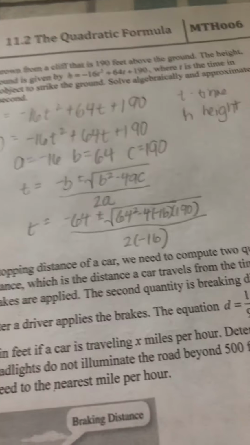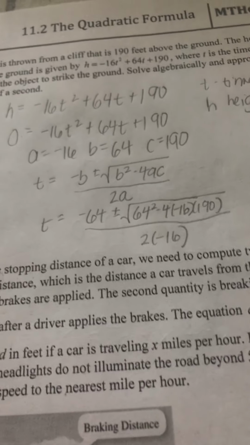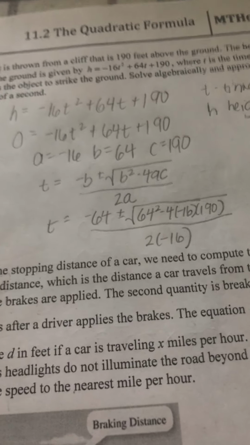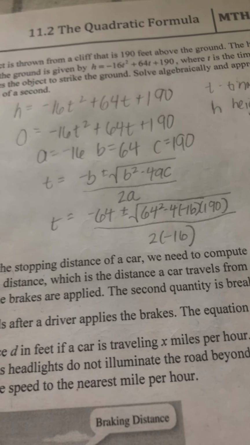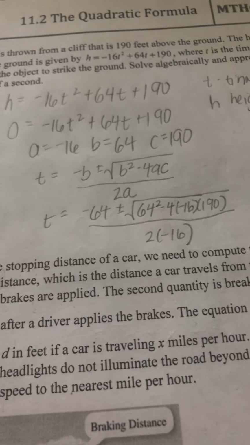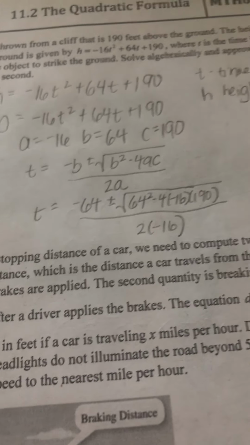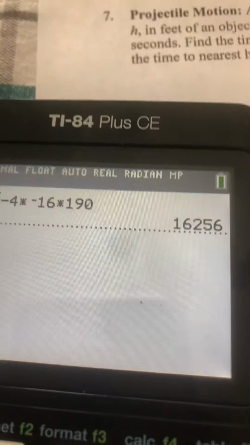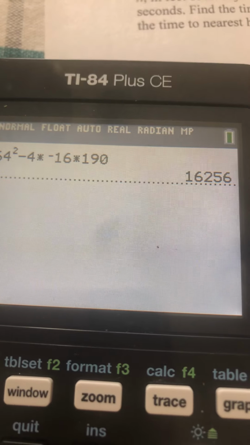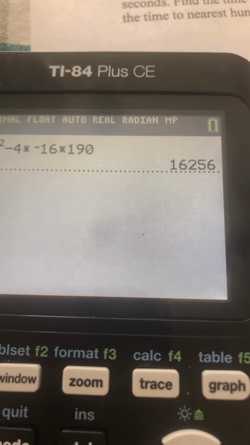Okay, so we're going to put all of that stuff under the radical in the calculator. This is the number you get. So that's going to be under the radical.